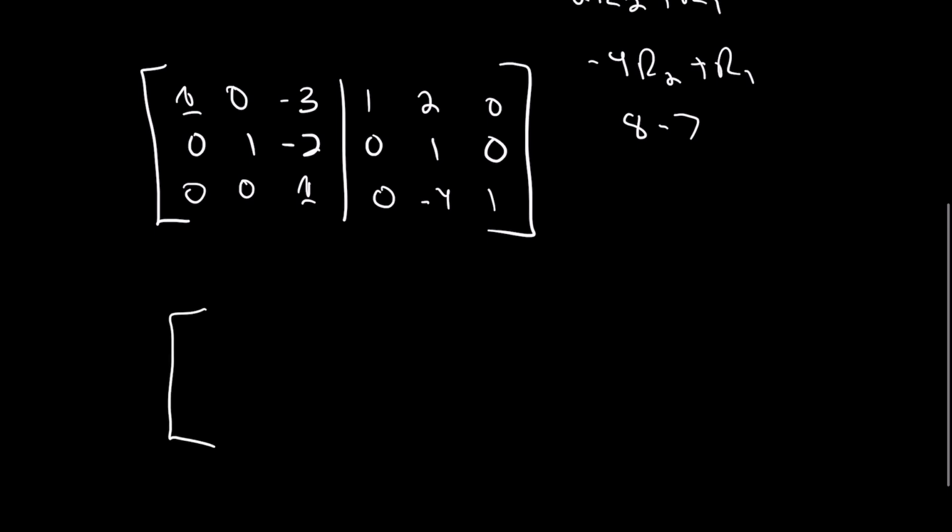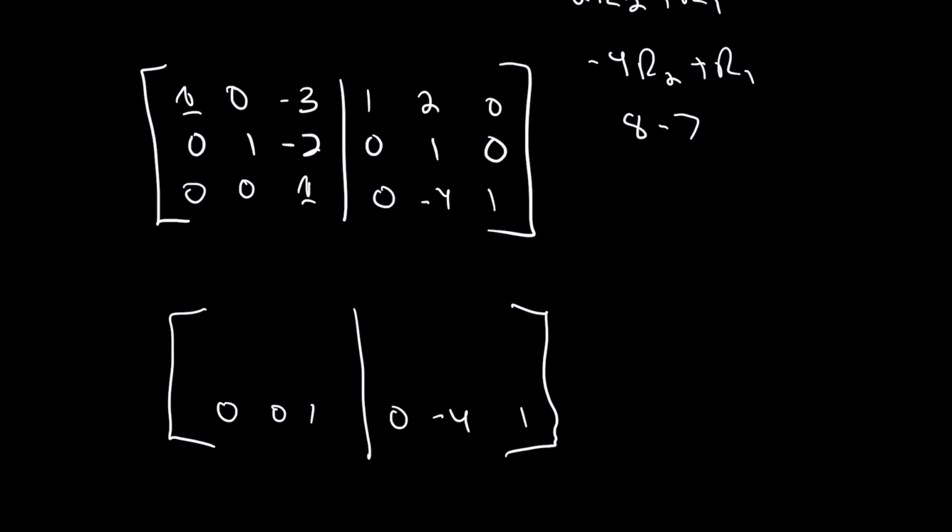Okay. Now we are on the final row. Okay, so that's going to be row 3 multiplied by 2 plus row 2. 0, 1, 0, 0. It's going to be -8 plus 1, which is -7. And that is going to be 2.